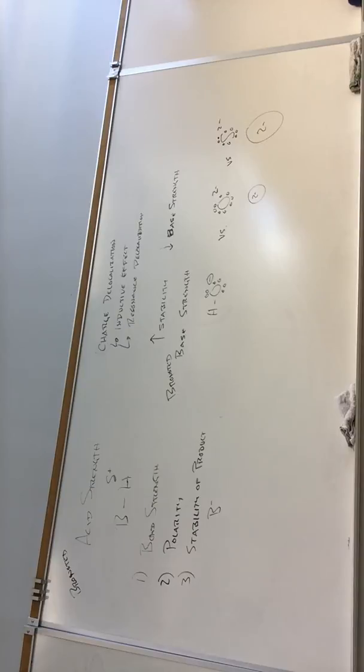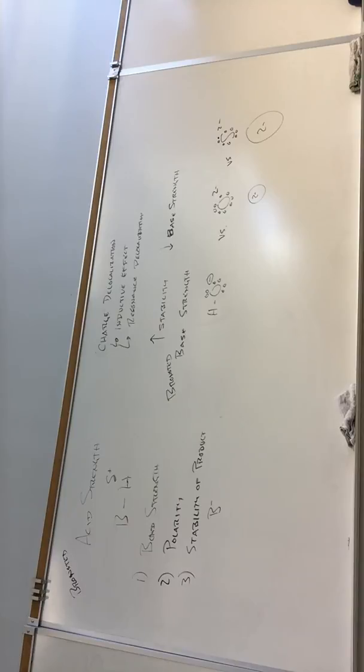Well, it's because you have multiple influences on acid strength, right? And so if you notice, yesterday we were just looking at carboxylic acids. And so what we did was we kept the bond strength the same.